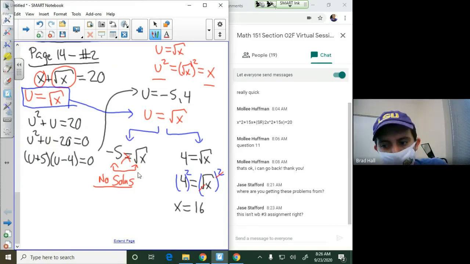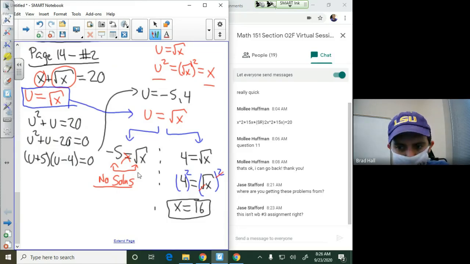We don't really need to check this because we already got rid of the extra solutions by being careful about the stuff on the left over here. So we only get one answer. And again, we don't have to check it because we already found the extra solution and we tossed it before we integrated it into our final solution set.